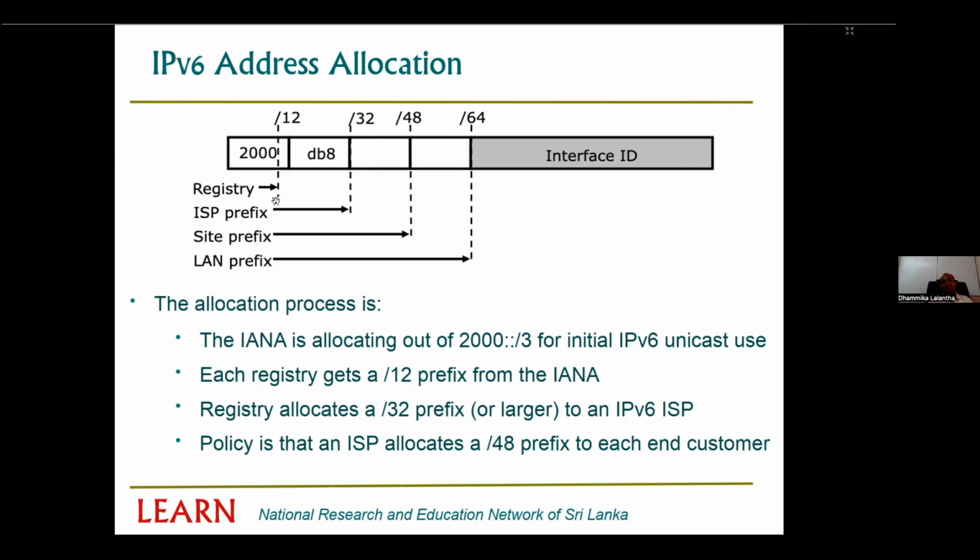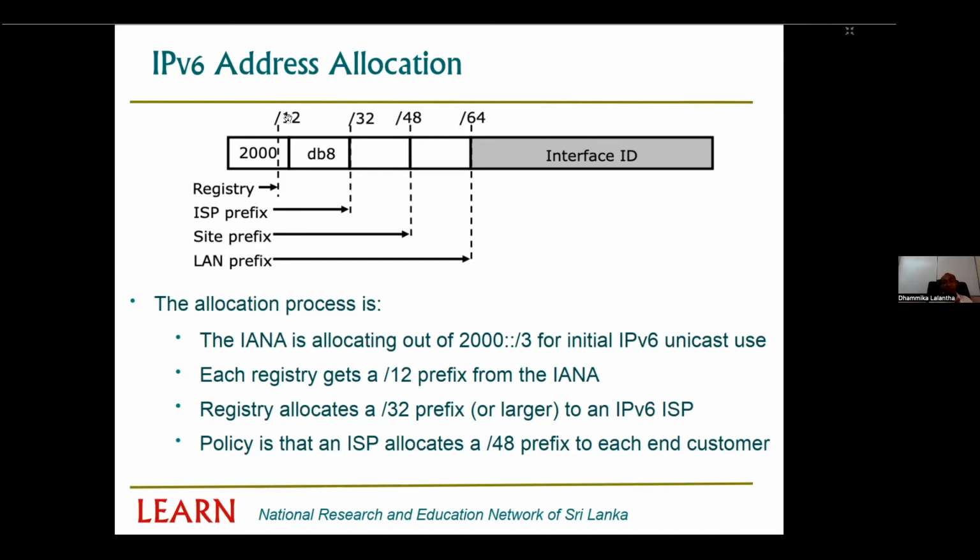That is the one governing these internet numbers for the Asia Pacific region, and likewise we have registries for North America, South America, Africa and Europe, each governing these internet numbers. Each registry owns a network with a /12 prefix length.